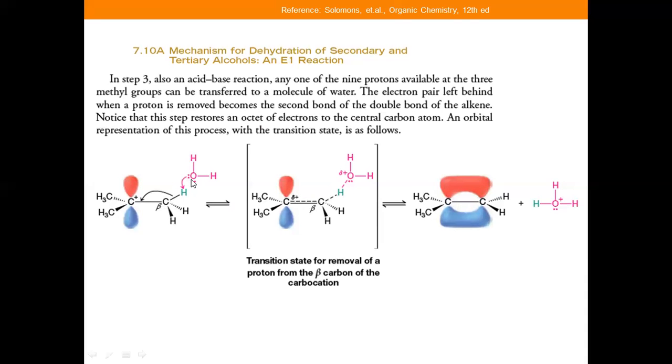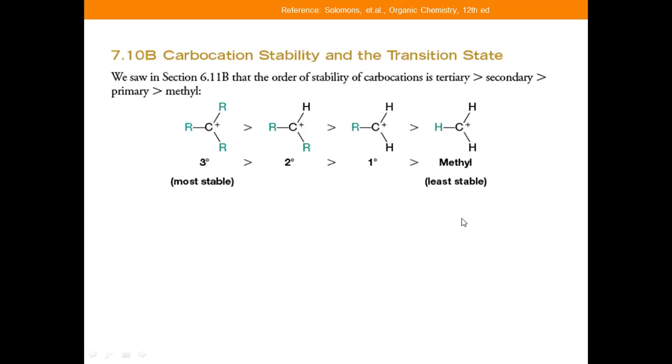Once your base, water, abstracts this proton, you get a partial bond formation and a partial bond breaking between carbon and hydrogen, and a partial double bond formation between carbon and carbon. Then you get your double bond here, which is simply a sideways overlap of the unhybridized p orbitals of the carbon-carbon. The carbocation stability and the transition state proceed with 3 degree.